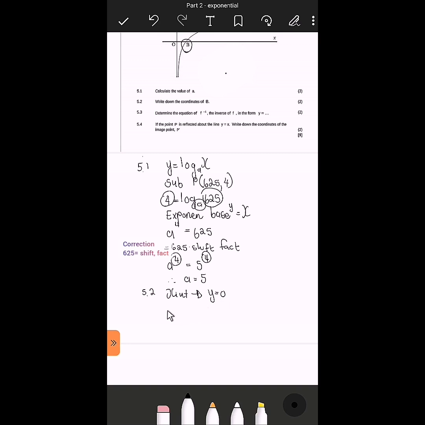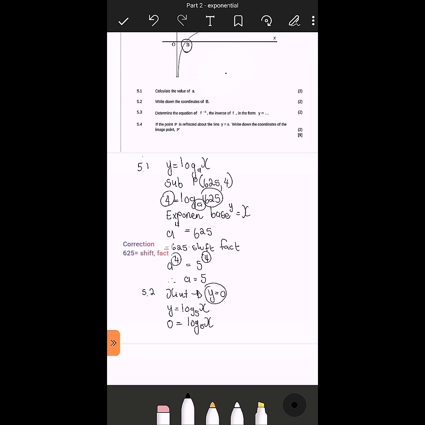So we're going to take our 5.1, which is y equals log, and then in place of a, we're going to write down 5 base of x. Then we're going to substitute our y equals 0. So we will have 0 equals log base 5 of x.